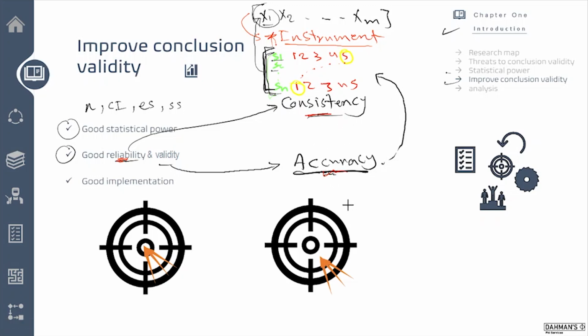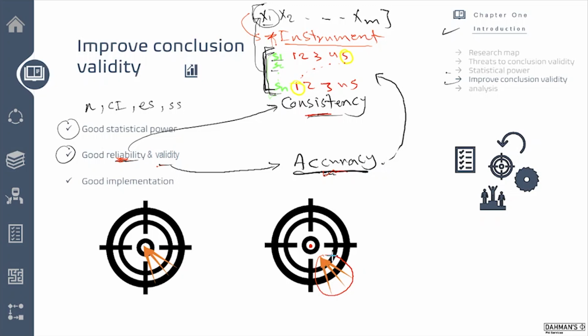As a result, I would avoid or minimize the risk of error or of a threat to the conclusion validity. Perhaps these two images are a good representation of the relation between reliability and validity. You might have all the skills to join a number of dots all together, but you are way far from the center or the goal of your research.